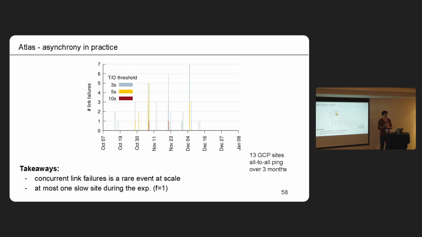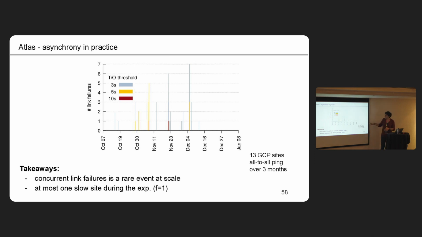You take a timeout, and you execute a simple ping between different sites, namely 13 sites here, and you wait a certain timeout before considering the sites slow, and you count the number of timeouts you see globally in the system.